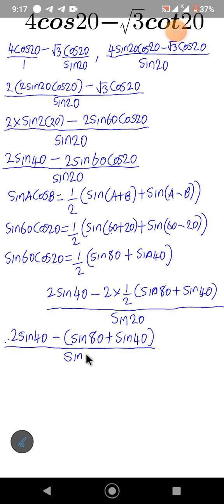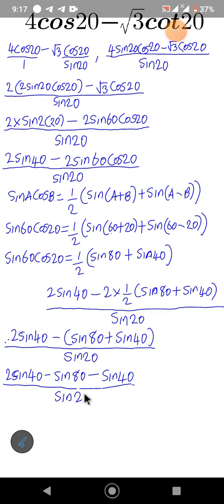Now we say 2 sine 40 again. The minus, we open this bracket here, will be minus sine 80. Minus times plus will give me minus. So here will be sine 40 all over sine 20.